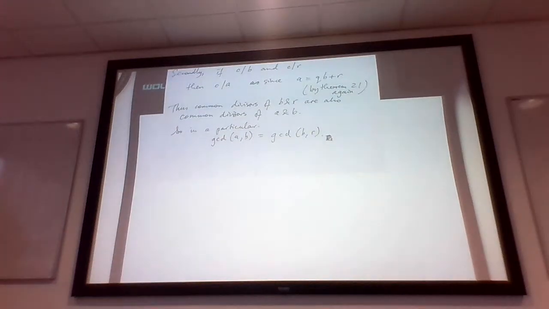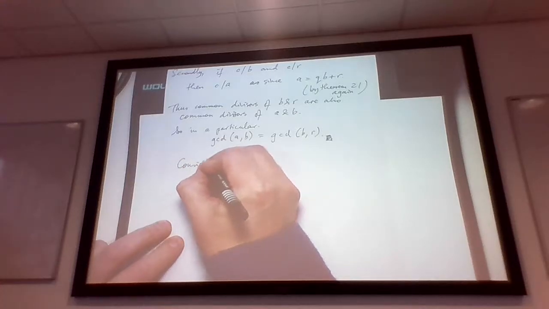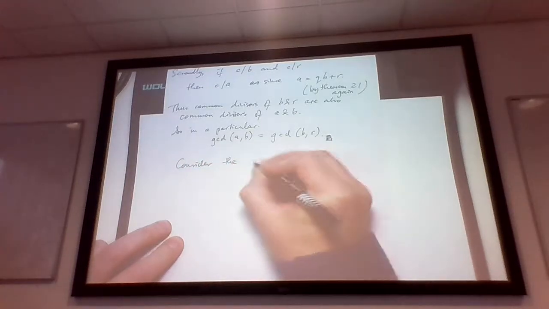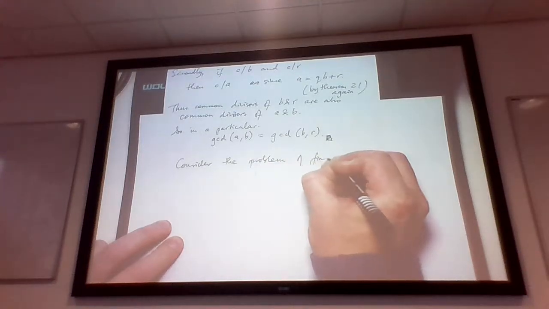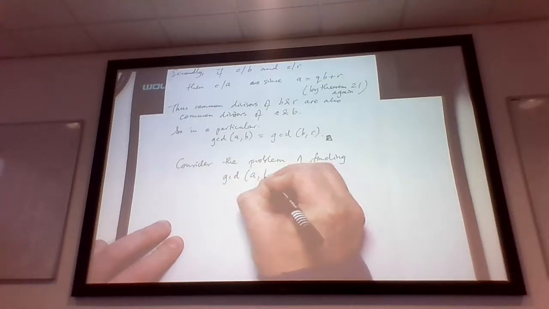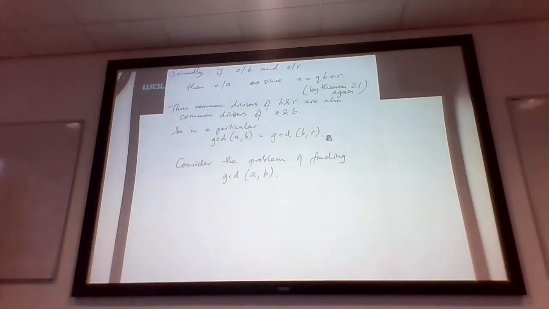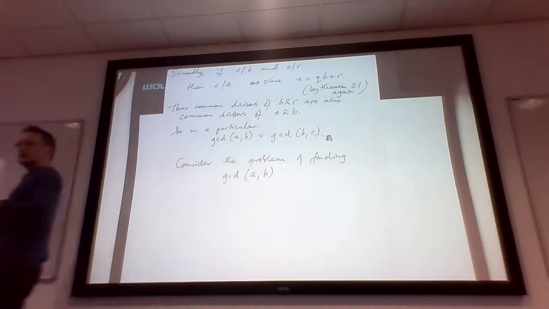So once we have this result, consider the problem of finding the GCD of any pair A and B. Okay, we're tasked with finding the greatest common divisor of A and B. A and B could both be huge integers.